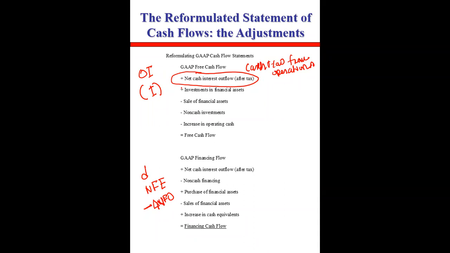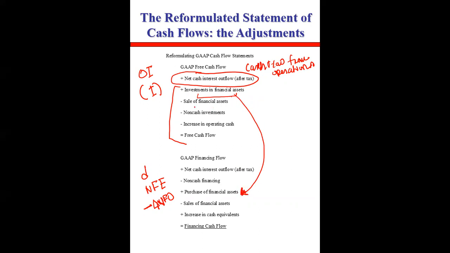Okay. Now we will find out what are the investments in operations we have made, and we will sum all of the investment. Now you see, in the investment part, if you make any investment in financial assets, that has to be added back, because you want to show it in the financing part.